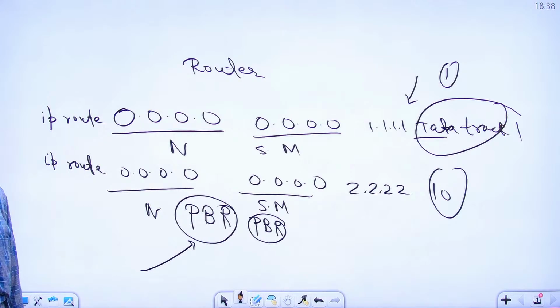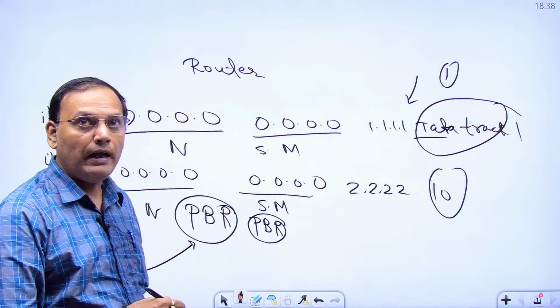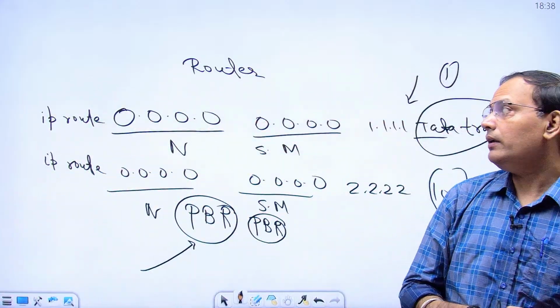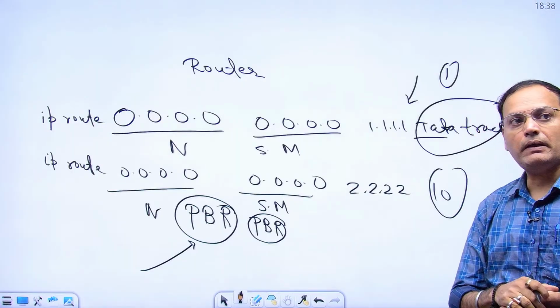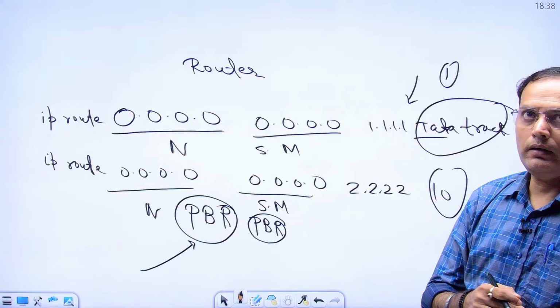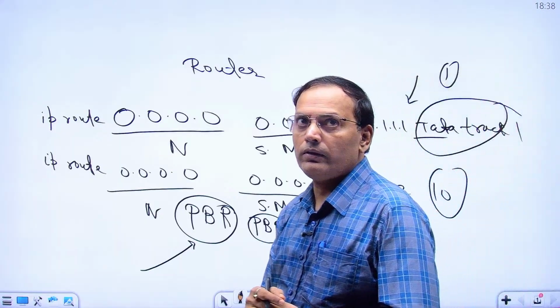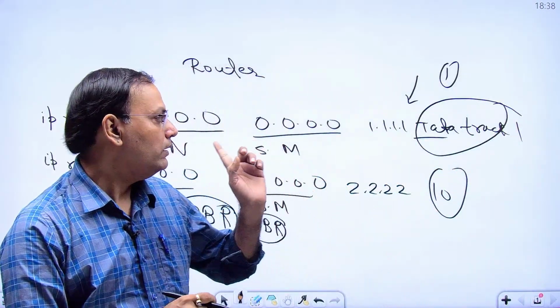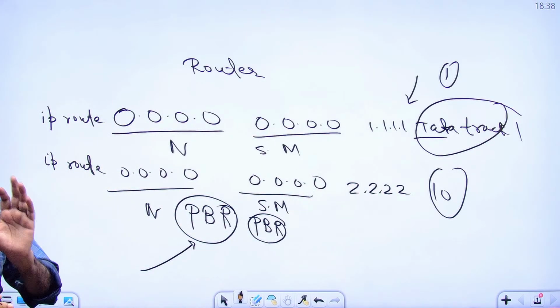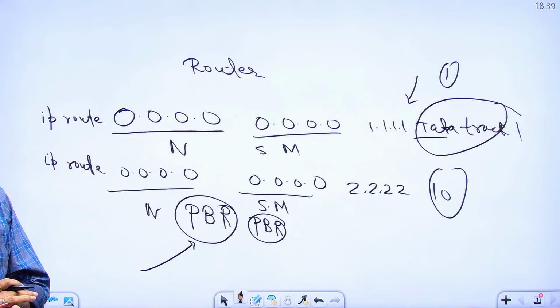It will not check the routing table. So if you have two default routes, but as per the PBR policy the traffic should route on the secondary, then the router will route the traffic on your secondary link. It will not check your routing table, because PBR defines that this traffic needs to be routed on your secondary link.